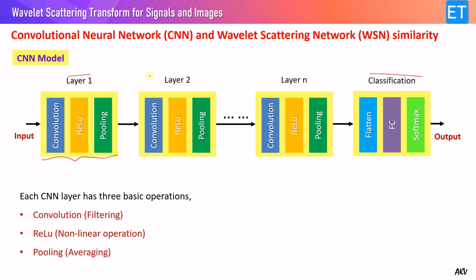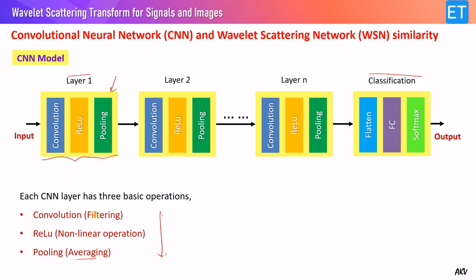And then in the third operation, we go for the pooling. We have different types of pooling such as max pooling, average pooling. Here we are considering average pooling. So these operations one by one, I mean the filtering, that is the convolution, the nonlinear operation, and the averaging.